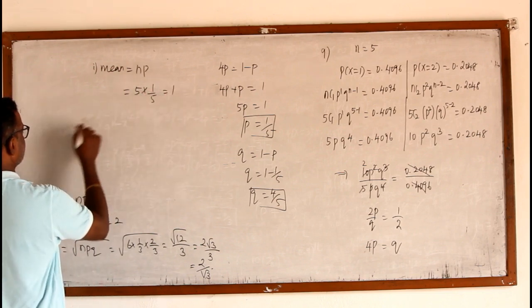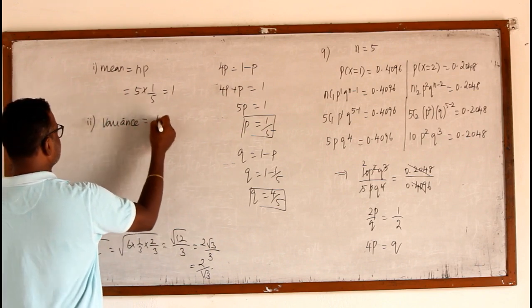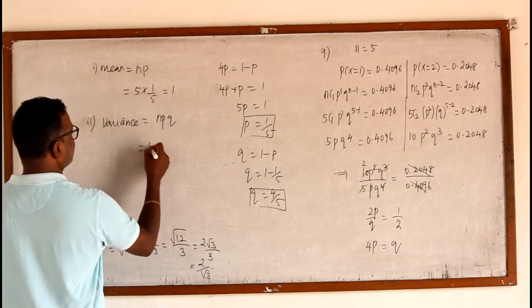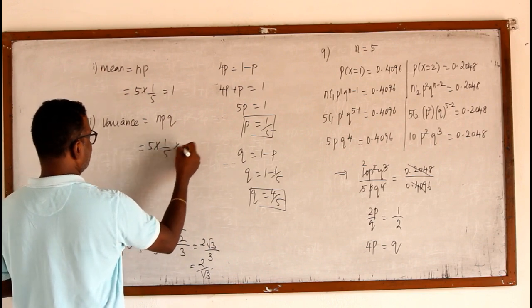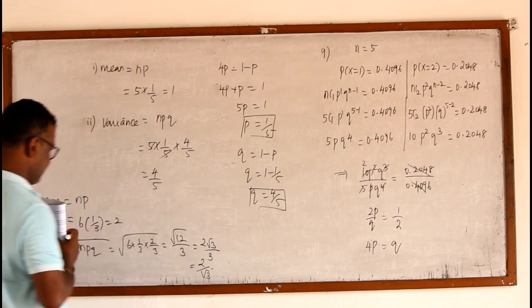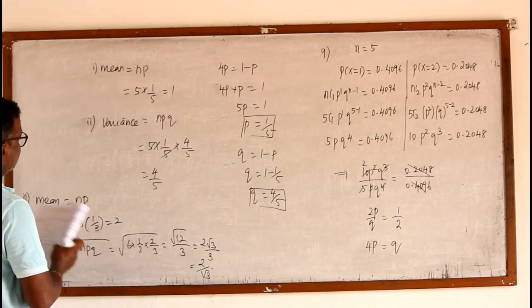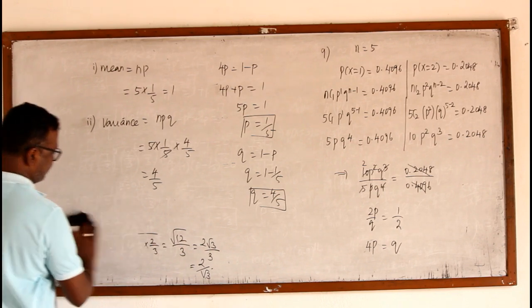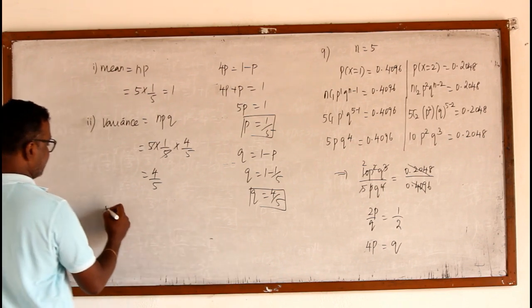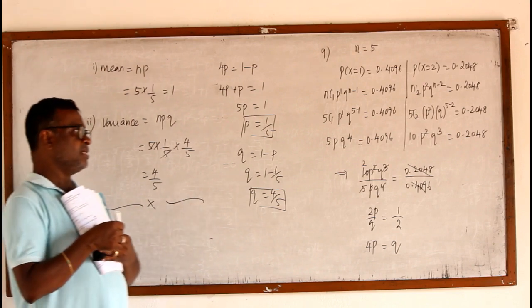Second one, variance is npq: 5 into 1 by 5 into 4 by 5. The 5s cancel, it is 4 by 5. So mean equals 1 and variance is 4 by 5. That's all. With that, your probability exercise chapter is over. So we finished the 11th chapter by this. Thank you.